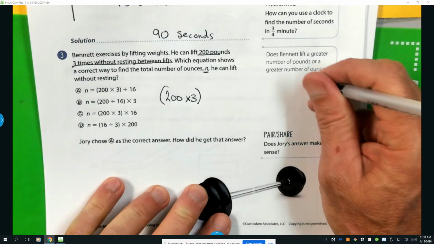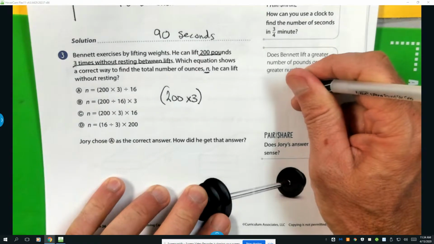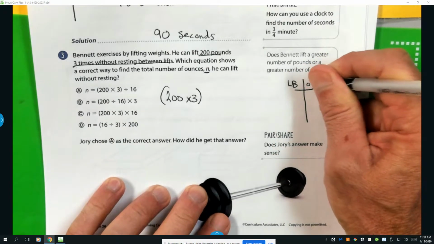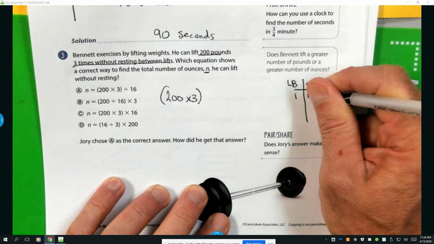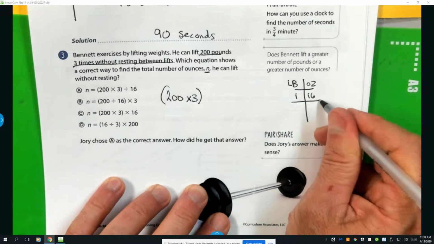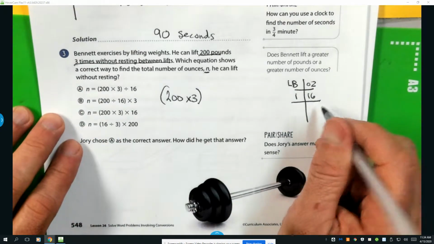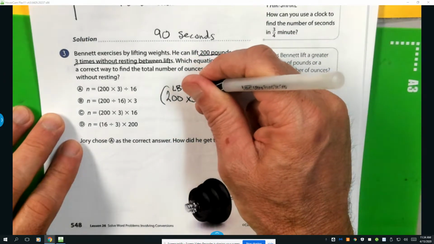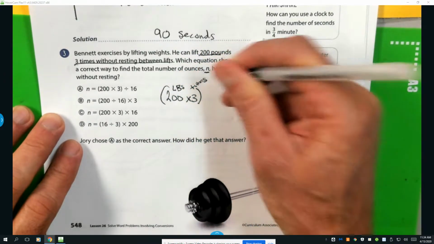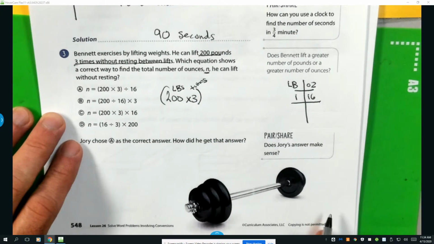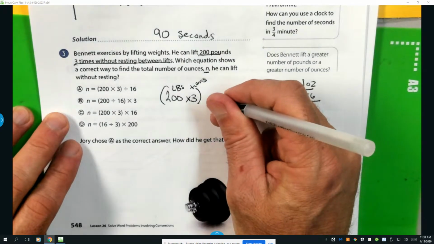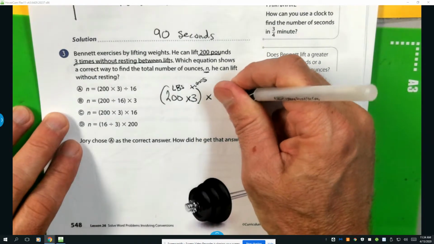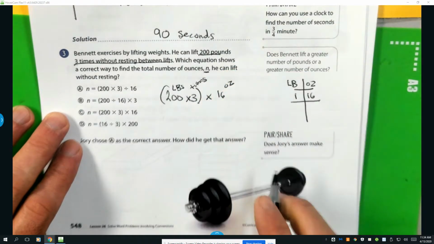So I know that pounds to ounces, 1 pound is 16 ounces. And this is really all I need to know about this. They're trying to say this is 200 pounds 3 times. And then what we're going to do right after that is multiply it by 16 ounces.